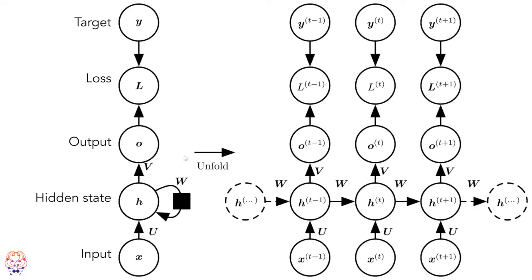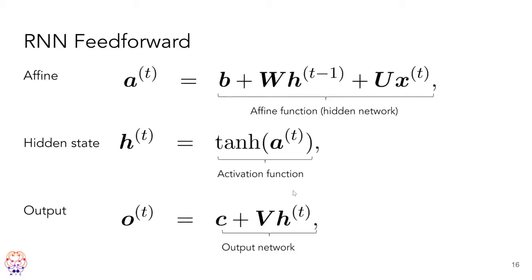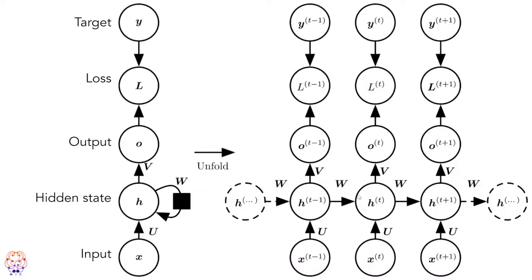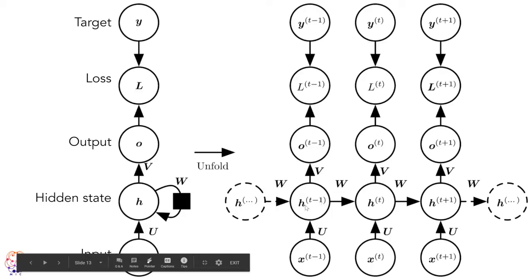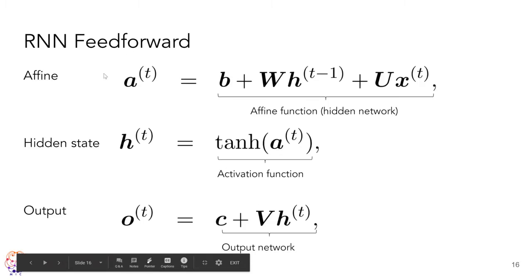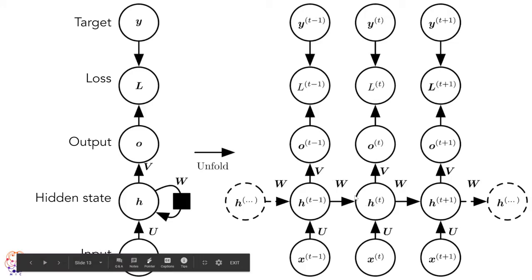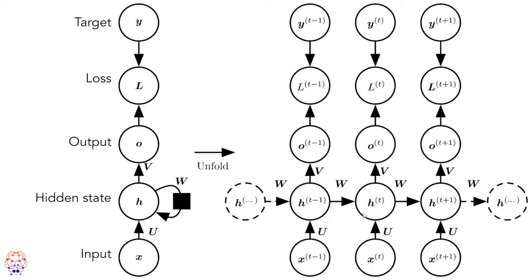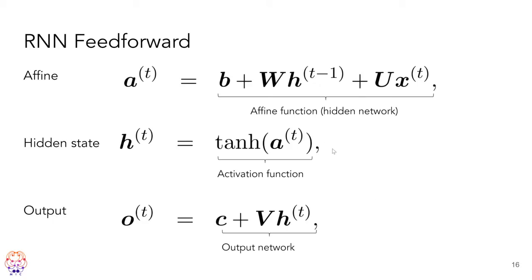Back here, that equation is saying we take this one times a weight, this one times a weight, and then we add a bias. We get A, but we're not done in this graph. We have A and we still need to put it through an activation function to get H. So that's the first part.